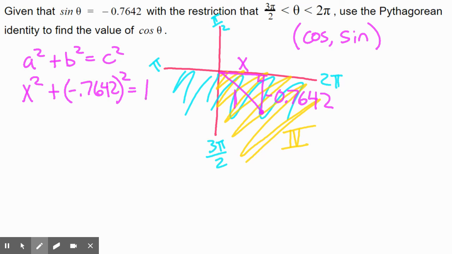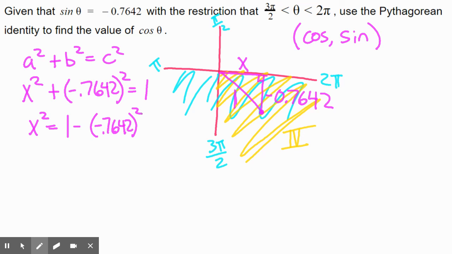The next thing would be to say x squared equals 1 minus negative 0.7642 squared. And whenever you've got a negative squared and stuff like that, you always have to try and visualize what you're actually looking for.